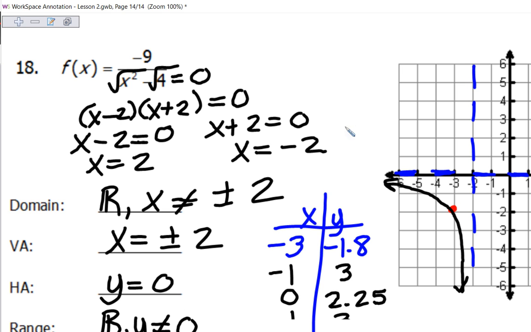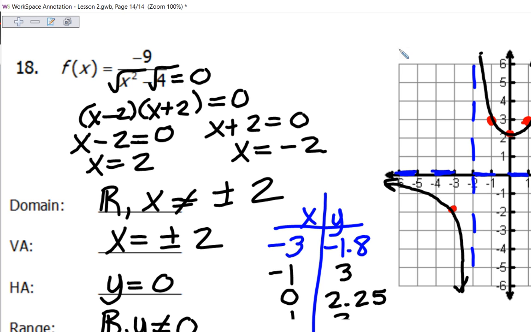So negative 1 goes up to 3. 0 goes up 2 1/4. And 1 goes up to 3. And connect those points for that parabola. So make sure that parabola stays between those two vertical asymptotes.